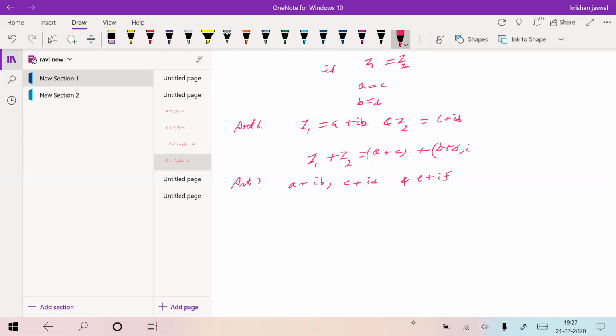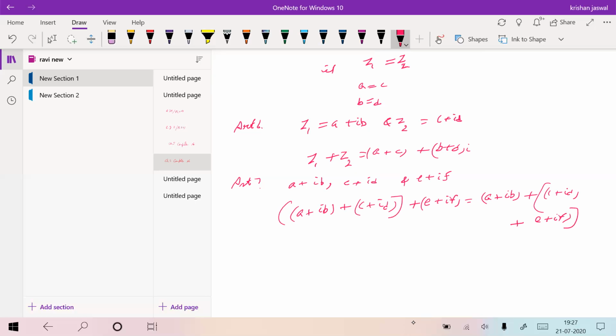First property, the associative law of addition. a plus iota b plus c plus iota d, plus e plus iota f, is equal to a plus iota b plus c plus iota d plus e plus iota f.